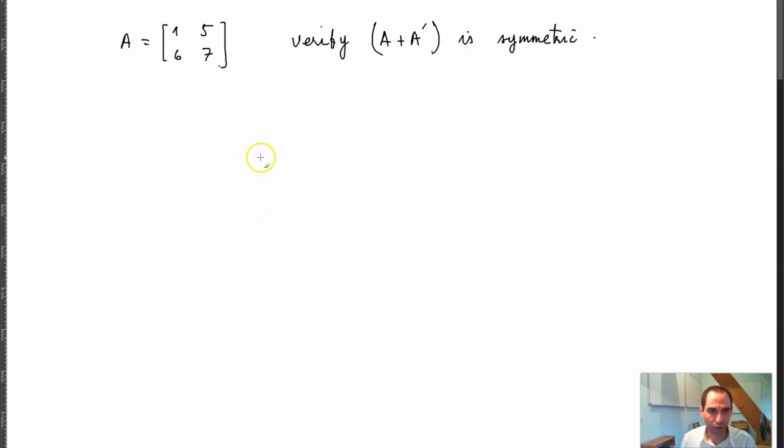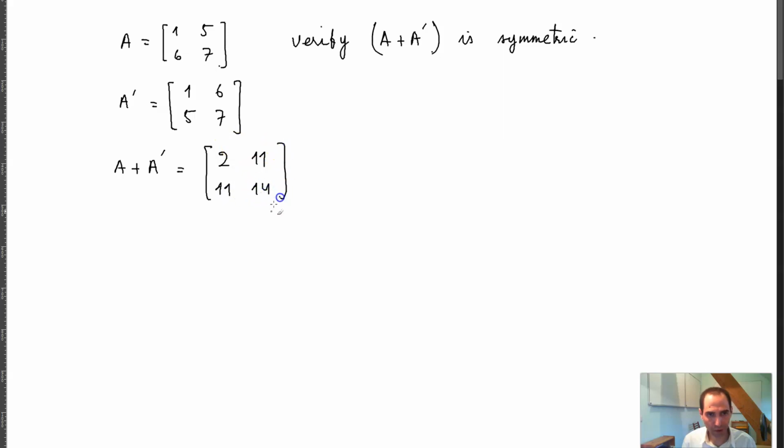If I calculate A prime, the transpose of A, I get 1, 6, 5, 7, and then A plus A prime is these two matrices added together: 1 plus 1 is 2, 5 plus 6 is 11, 6 plus 5 is 11, and 14.